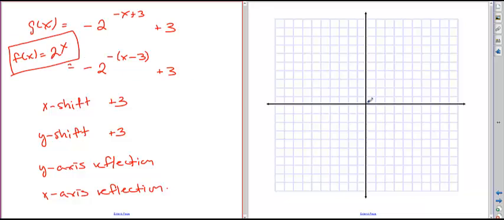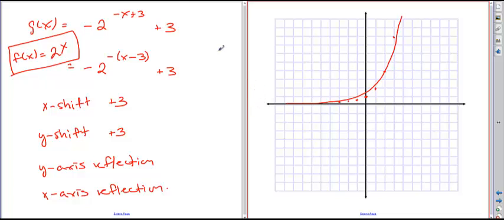So again, we come over to our graph. 2 to the 0 is 1. 2 to the 1 is 2. 2 squared is 2 times 2, which is 4. 2 cubed is 8. And then we do the reciprocals. So reciprocal of 2 is a half. Reciprocal of 4 is a fourth. Reciprocal of 8 is an eighth. So this is our parent function, like that.